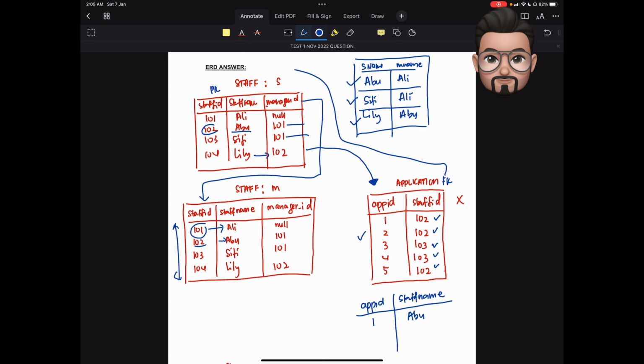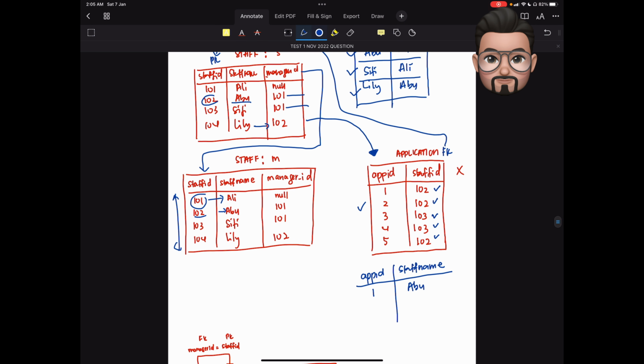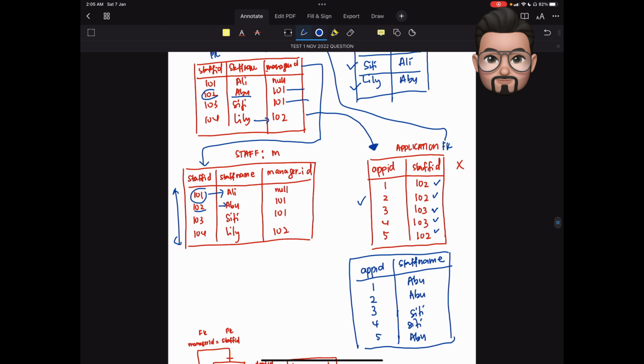This FK refers to this PK, the staff who made the application. 1 is for Abu, 2 is for Abu also, 3 is for Siti, number 4, 103, is also Siti, and the last one, number 5, is 102, Abu again. So this is the normal join, or what we call the inner join.